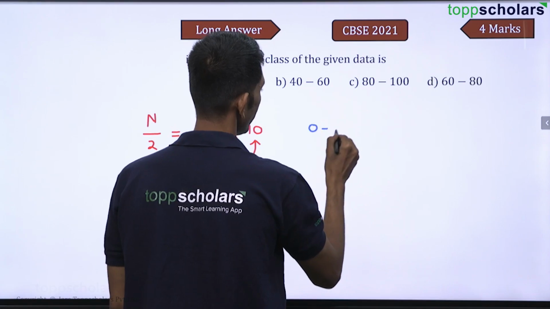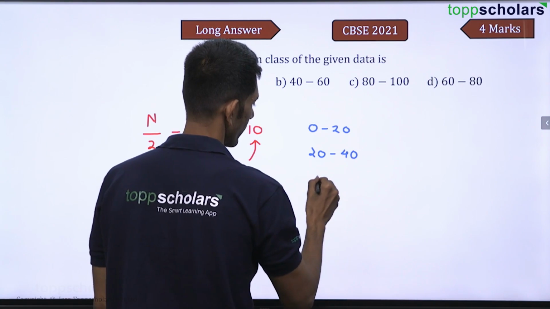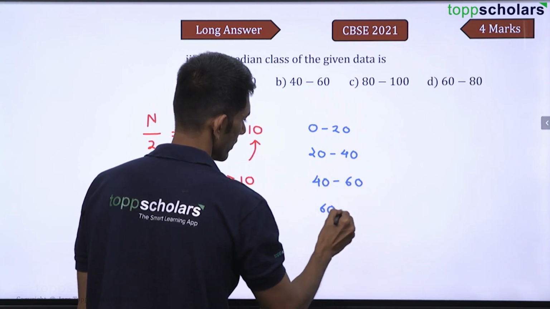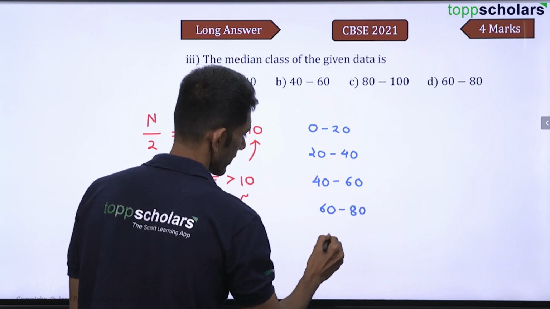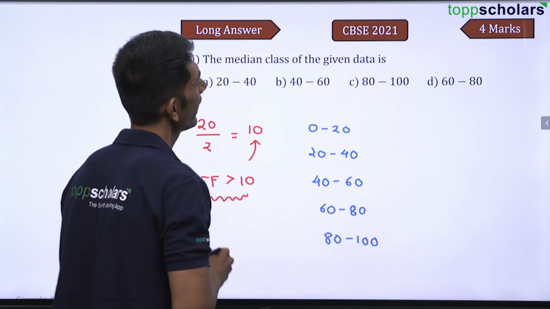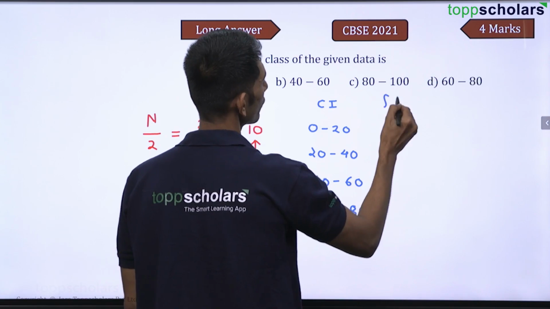So 0 to 20, 20 to 40, 40 to 60, 60 to 80, 80 to 100, right? So this is the class interval which was already given. What was the corresponding frequency?